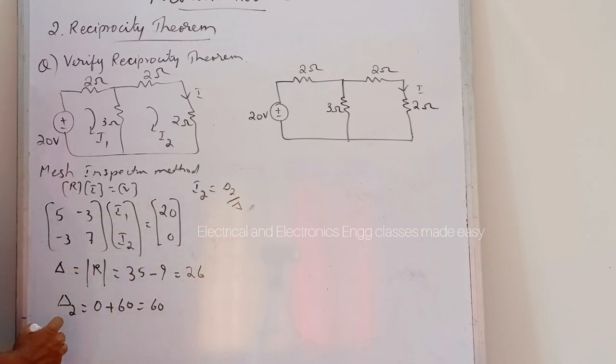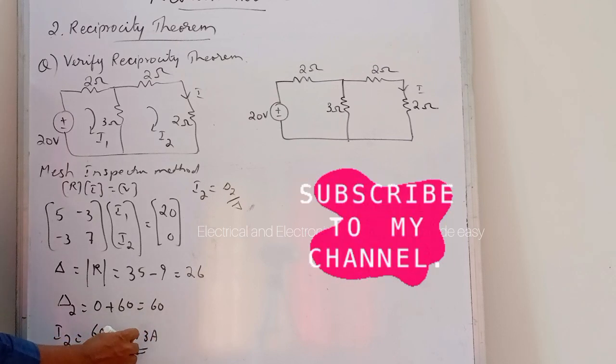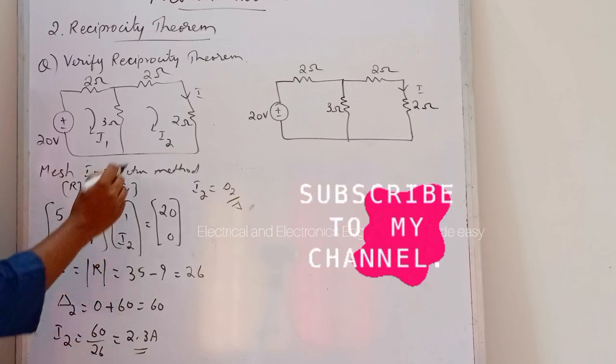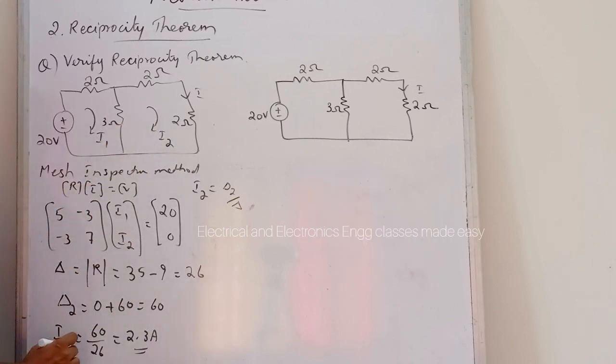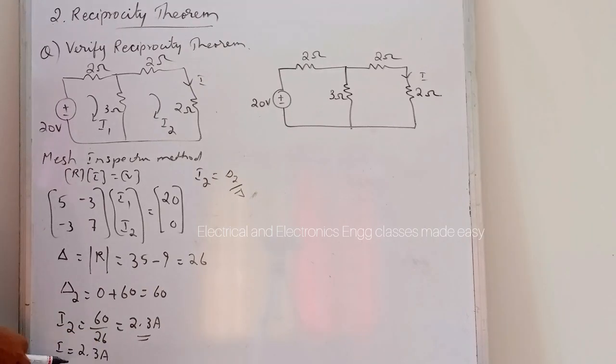Then I2 is equal to 60 divided by 26, that is equal to 2.3 ampere. So this is the first case, that the response I is equal to 2.3 ampere.